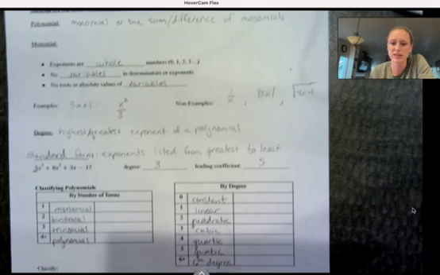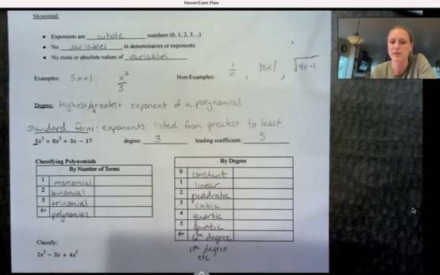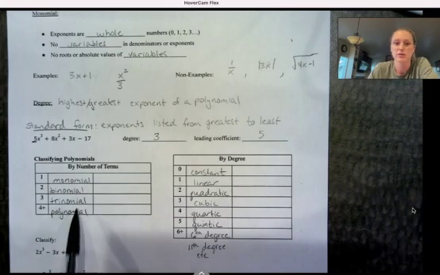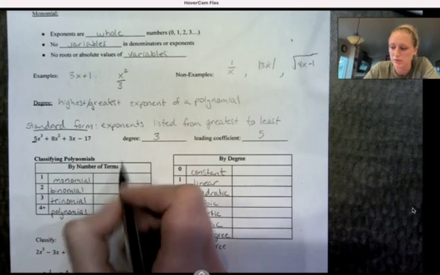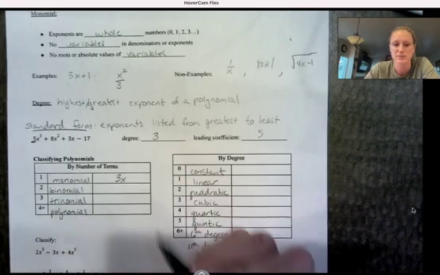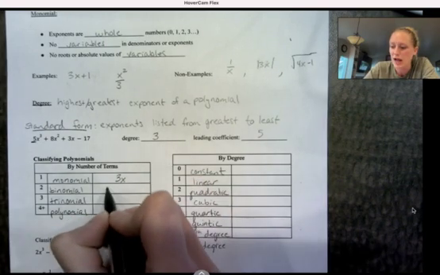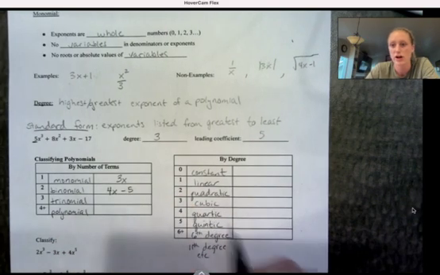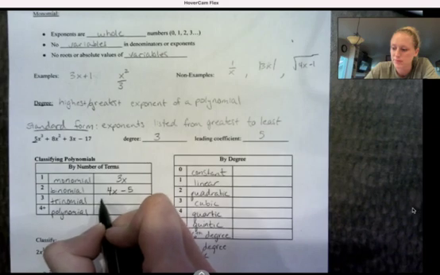I've already filled in the vocabulary here, but we have specific names for the polynomials depending on how many terms they have. A monomial is just one term, for example 3x. A binomial has two terms. A trinomial has 3 terms.